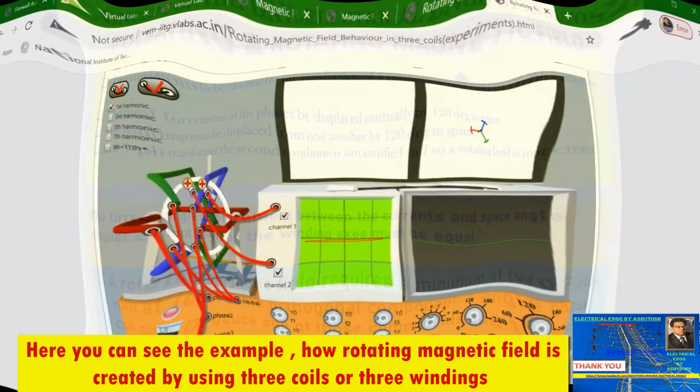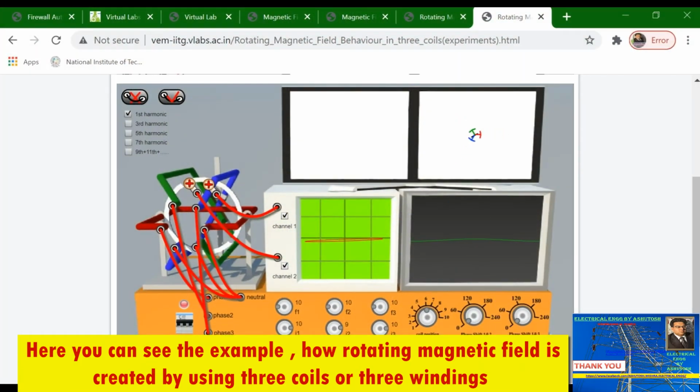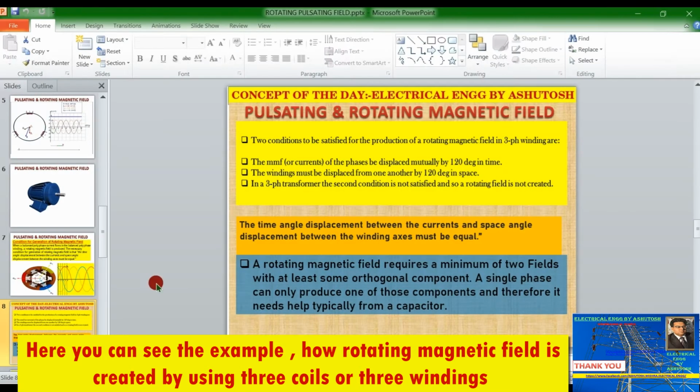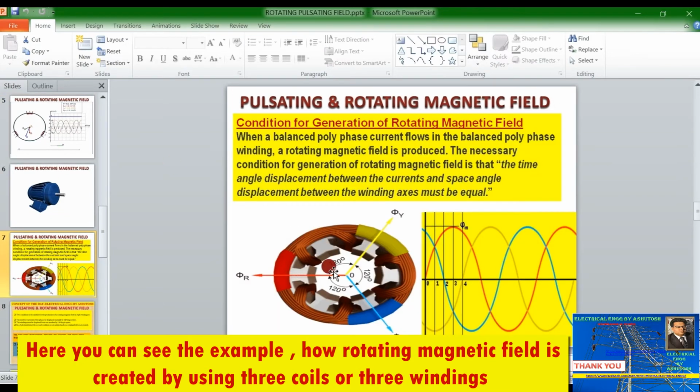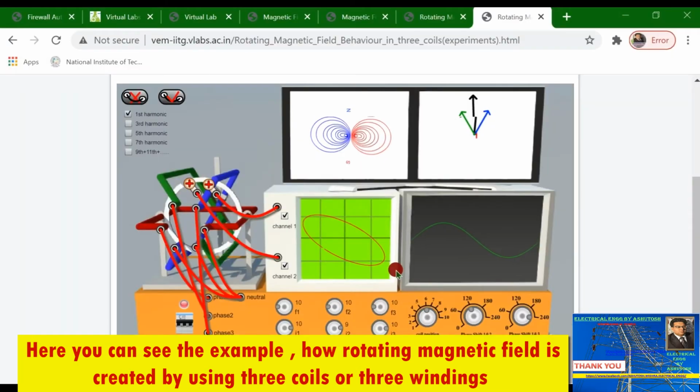Between the first and second phase and the first and third phase, keep a 120-degree angle between first and second, and between first and third keep a 240-degree angle. So now you can see this is called a rotating magnetic field, because whenever the three phases R, Y, B are at 120 degrees, a rotating magnetic field can be produced.